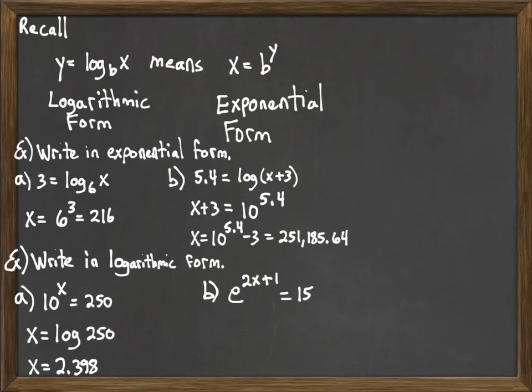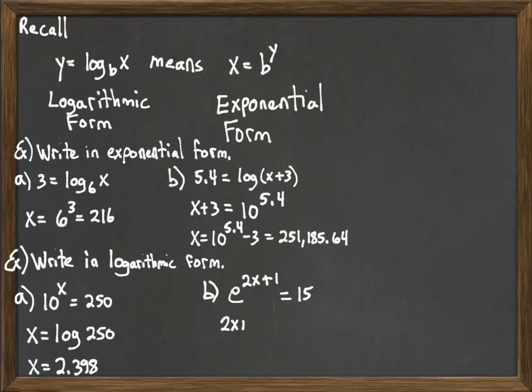Consider this equation: e to the 2x plus 1 equals 15. Here the base is e. So we're again starting with the exponential format. E to the 2x plus 1, so the 2x plus 1 is taking the place of the y, and the 15 is taking the place of the x. Then we turn it around and write it as y equals log base b of x.